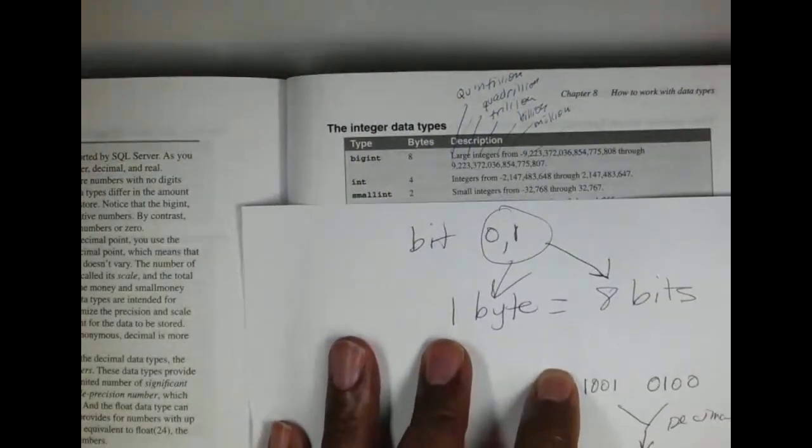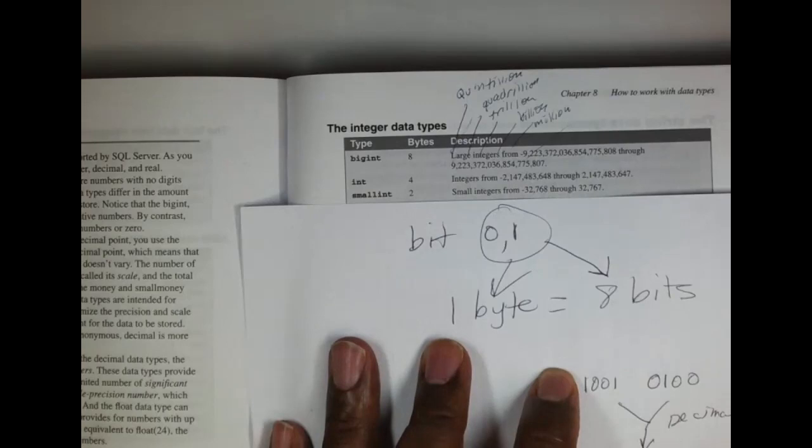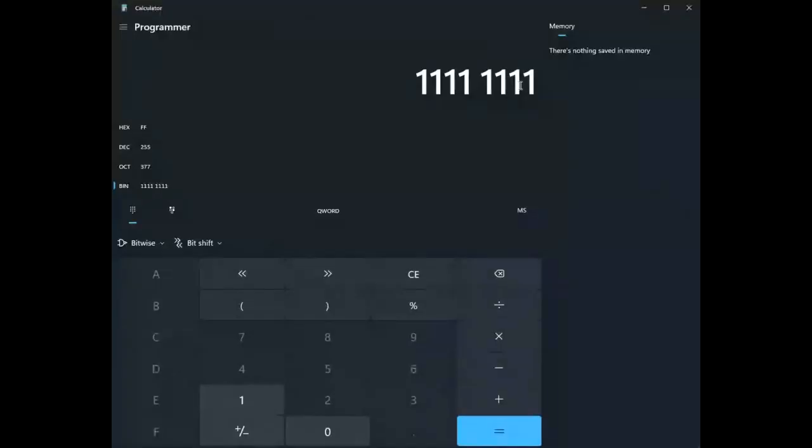A small int is 2 bytes, and it's going to hold 32,767. So if I jump back over to my calculator and turn on 2 bytes, we should see that number. Okay, so I have 1 byte turned on now.